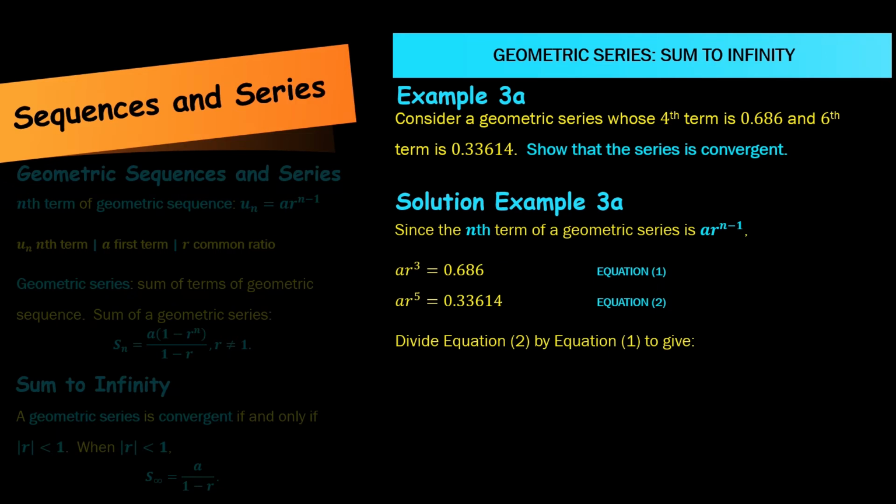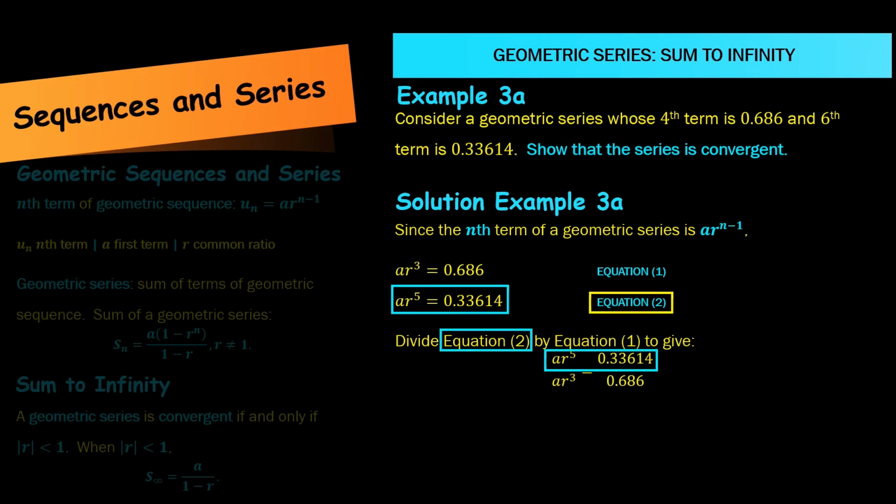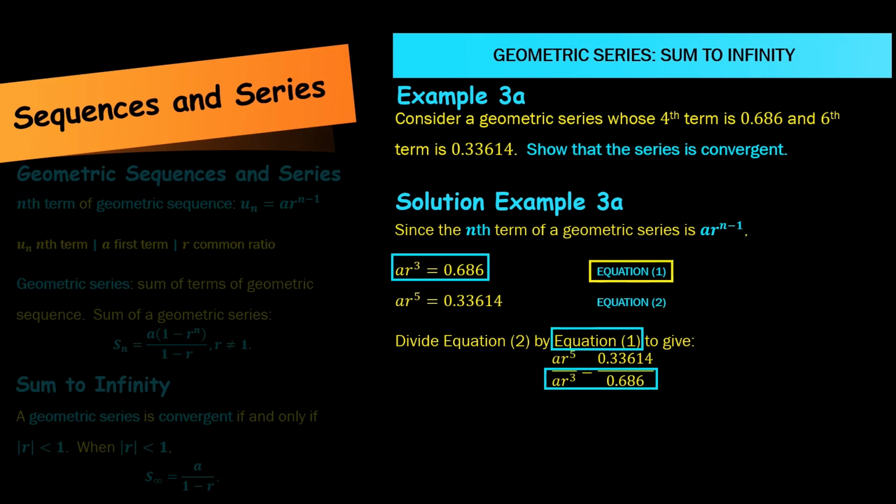Let's now divide equation 2 by equation 1, and we're doing this to allow the a's to cancel so that we only have r left in our new equation. So here's equation 2 in the numerator, and here's equation 1 in the denominator.